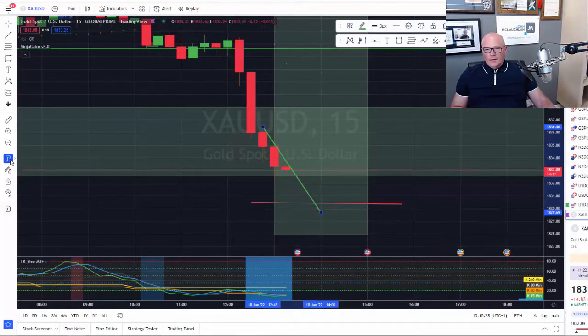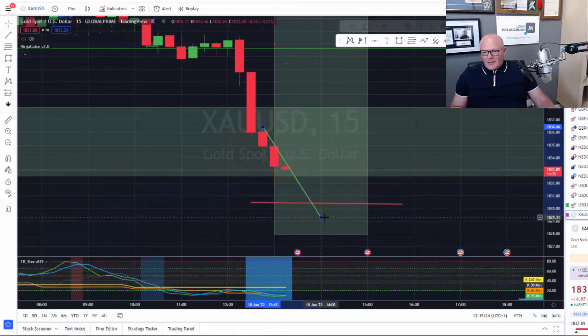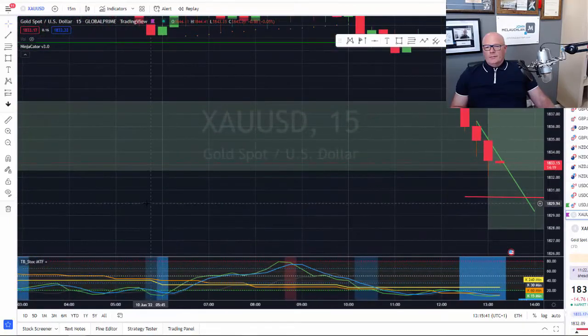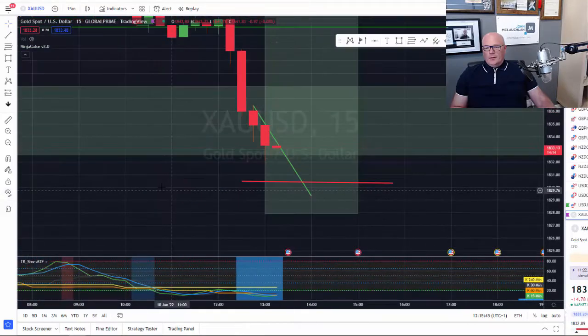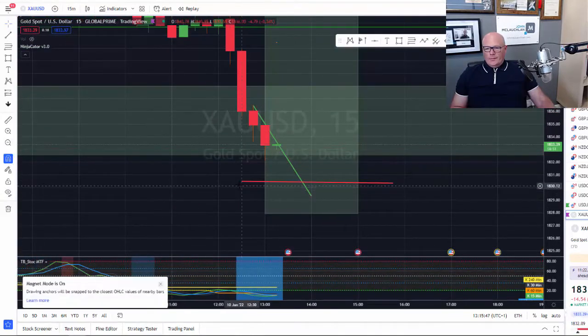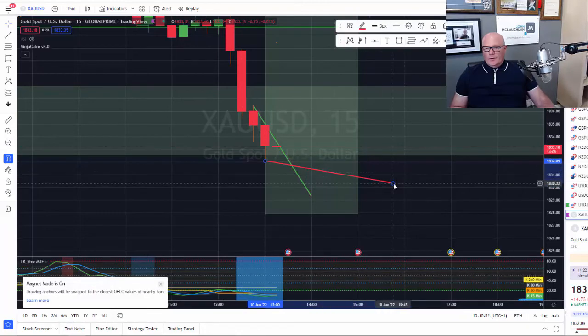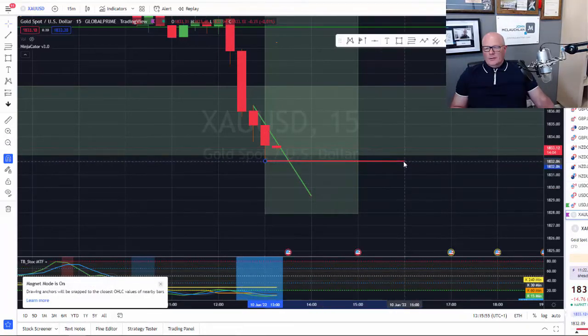So I'll take the magnet tool off, because it's just snapping to anywhere. Right, that'll do. And then the lower from here, but it looks like there isn't one, certainly for this time frame. So all we do is we put the magnet tool back on, we go to the bottom of this candle, and then we put this line horizontal.